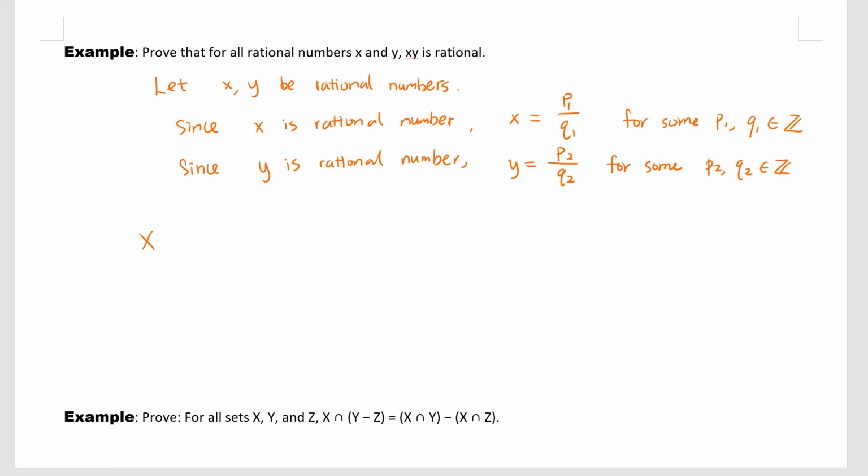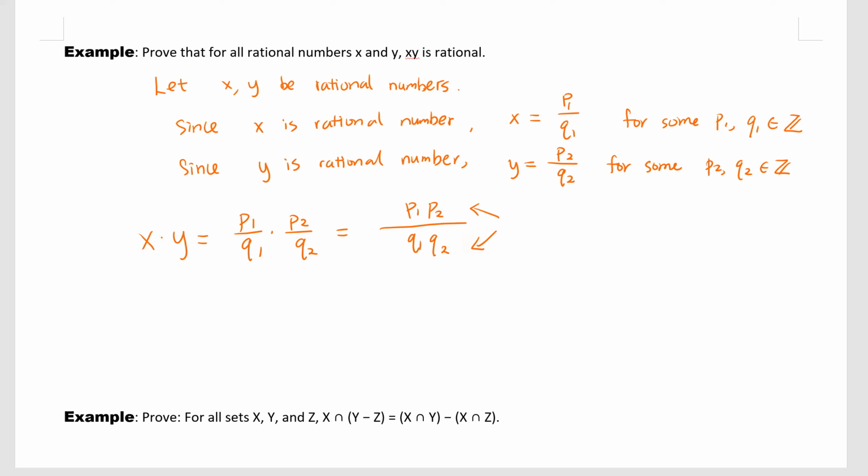We want to look at x times y. What is x times y? Well, we have p1 over q1 times p2 over q2. We can combine them, right? Then we have p1 p2 over q1 q2.